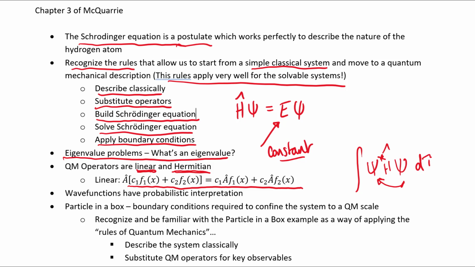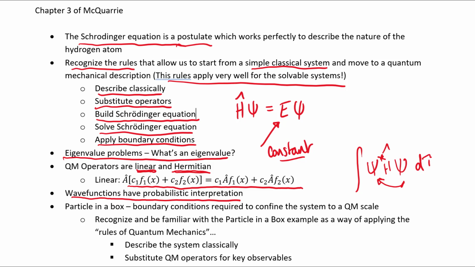So we also start to think about what a wave function actually is. What's the meaning of a wave function? Actually the square of that wave function is going to be the probability density of finding that particular particle at a certain point in space and at a certain time.